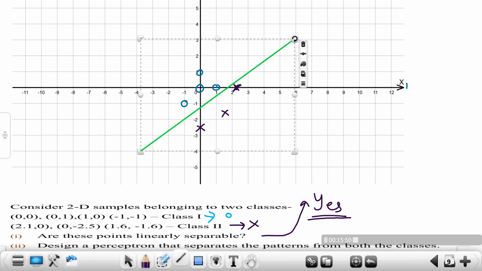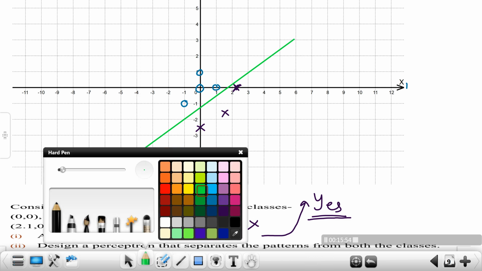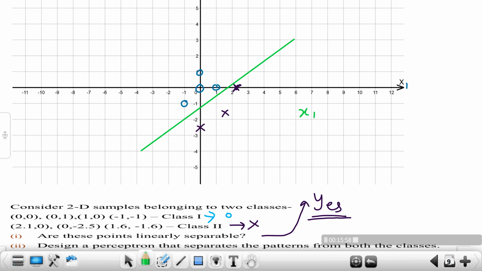Now with the help of the equation of this line, I can design the perceptron. So what will be the equation? I take this point as 1.5, 0, and this point will be 0, minus 1.5.